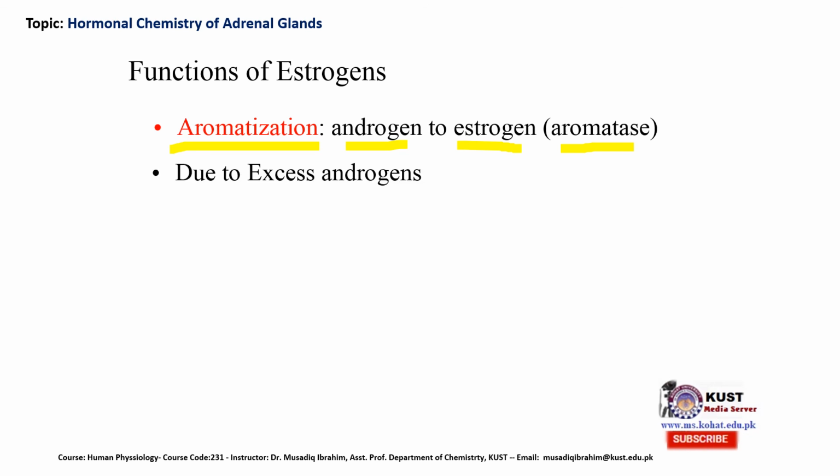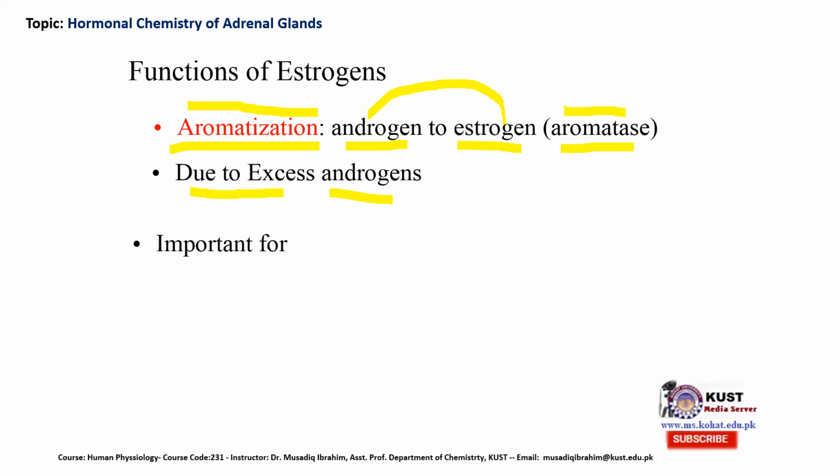Why this is happening is due to the excess synthesis of androgens. So when there is a huge quantity or increased concentration of androgens present inside the body, then the process of aromatization takes place and the androgens are converted into estrogens in the presence of the enzyme aromatase.